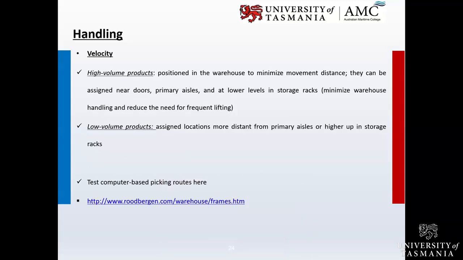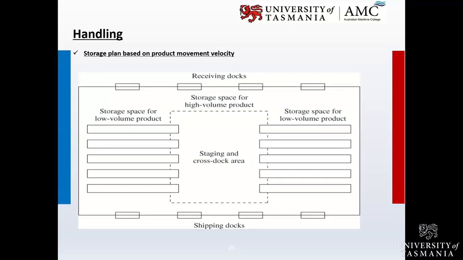For velocity, from the velocity perspective, we can identify the location of high volume products. It is better to assign these products near doors or primary aisles, and at lower levels in storage racks. We look at this figure.